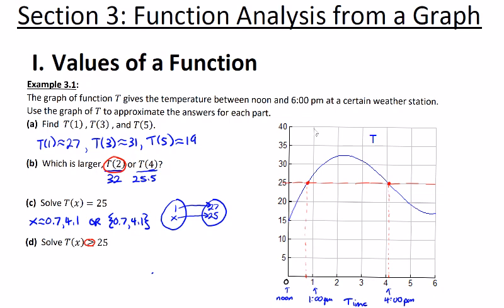25. So starting at the left point, I'm going to now trace all of the ordered pairs, all these points in between, until I get back to that horizontal line. So everything that I've highlighted in red just now represents a point where the temperature is greater than 25, and then the endpoints represent where we are equal to 25.